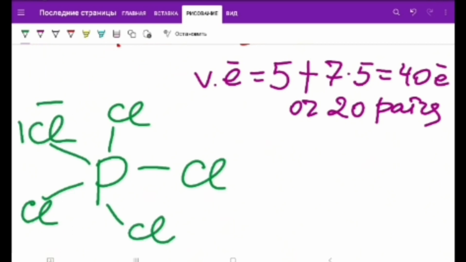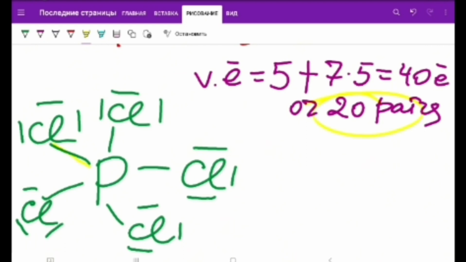We need to add 3 more electron pairs on each chlorine to get 4 pairs for each chlorine, to follow the octet rule. We need to have 20 pairs. Let's count them: 1, 2, 3, 4, 5, 6, 7, 8, 9, 10, 11, 12.